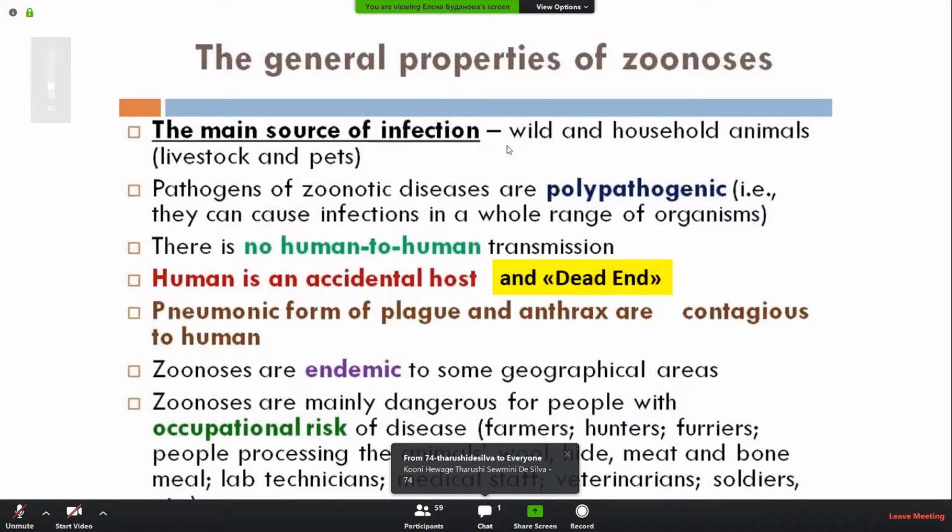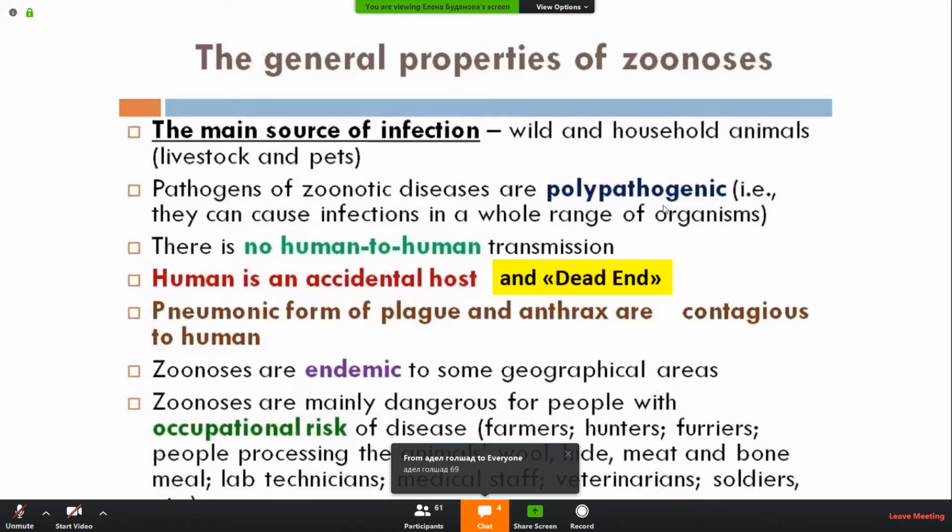And in most cases, there is no human-to-human transmission, as I mentioned above. Human is an accidental host, it was also mentioned. Endemic zoonoses can be transmitted to people from animals, mostly in cases when they have occupational risk of disease. Some occupations are mentioned here: farmers, hunters, furriers, people processing animals' wool, hide, meat, bone, and so on.